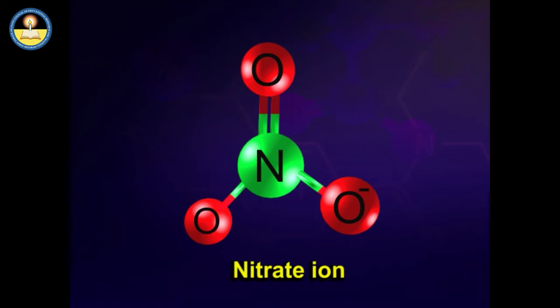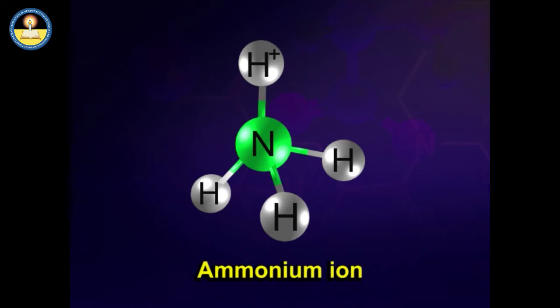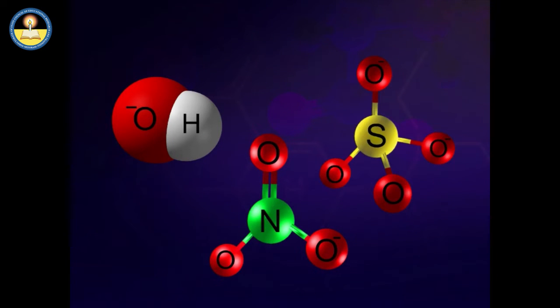Nitrate ion, that is NO3 negative, and ammonium ion, that is NH4 positive, etc., are examples of polyatomic ions. An anion which has more than one kind of atoms of elements is called a polyatomic anion.